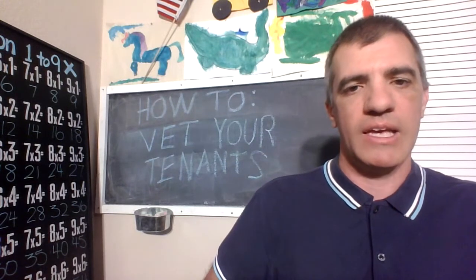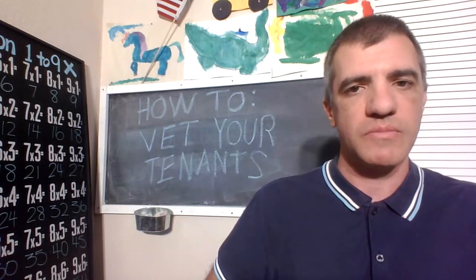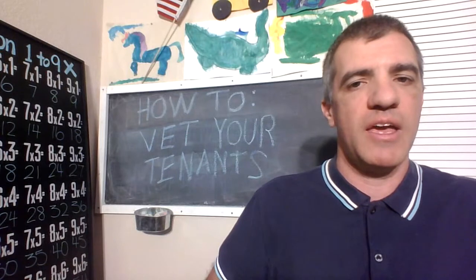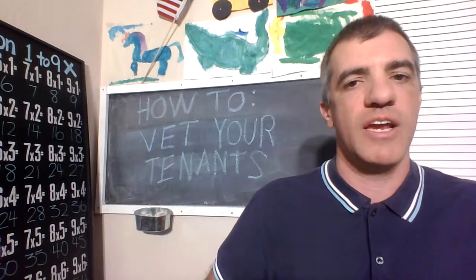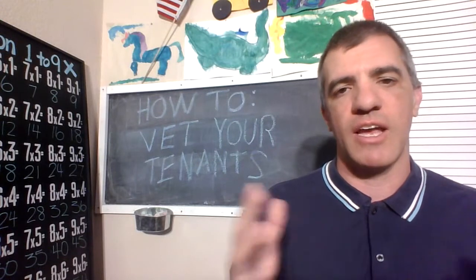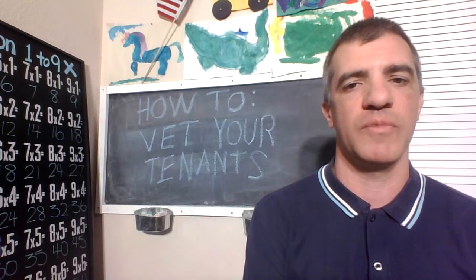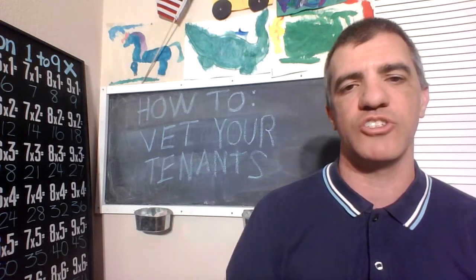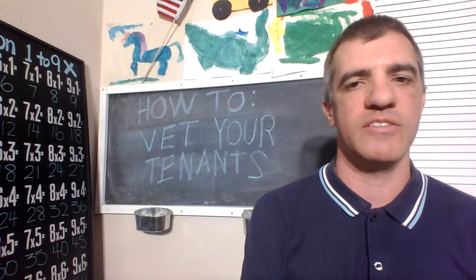Because again, if their job history isn't consistent, then they may have a hard time paying their rent every month. Now, again, you just kind of have to feel that out. So don't be afraid to ask questions. You're doing your due diligence as the owner to really vet these applicants.